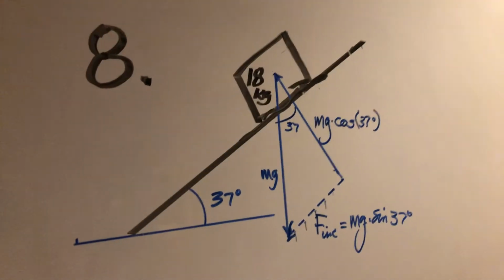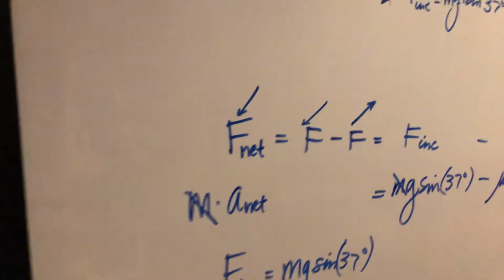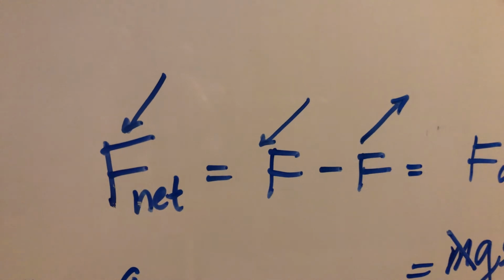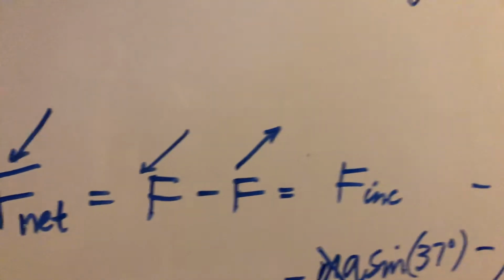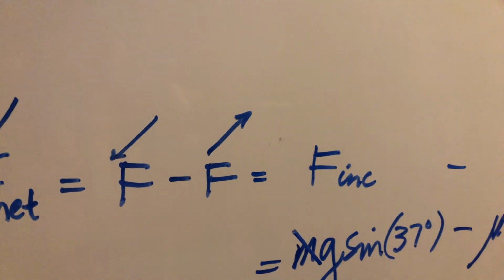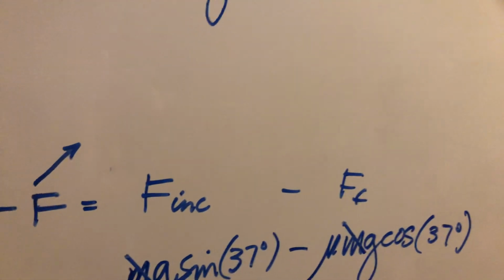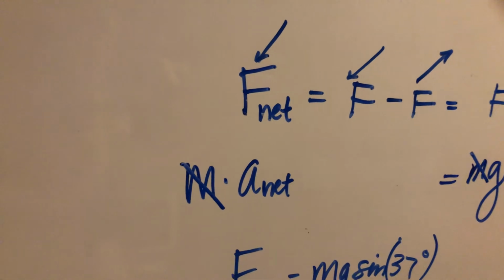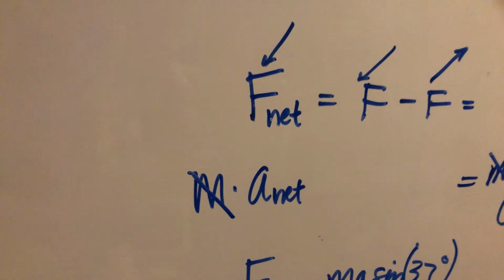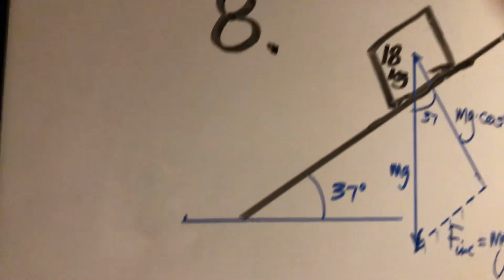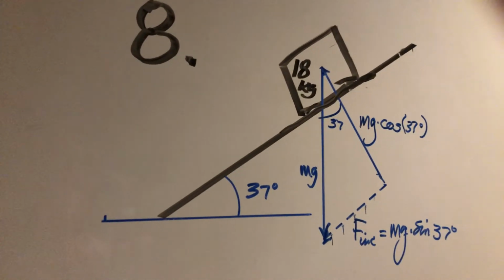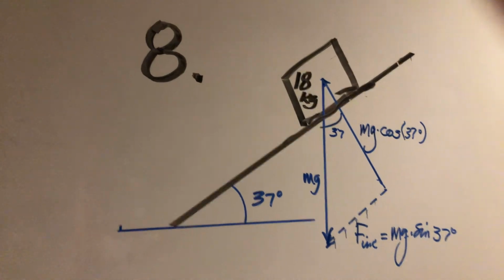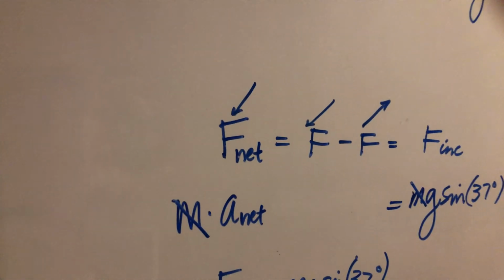So remembering that the net force on an incline is equal to force down the incline minus force up the incline. So the incline force is down minus the friction force, which is up. So the mass times net acceleration, which, by the way, the acceleration that was given in the problem is 0.272 meters per second squared, times 18 kilograms would give me this.